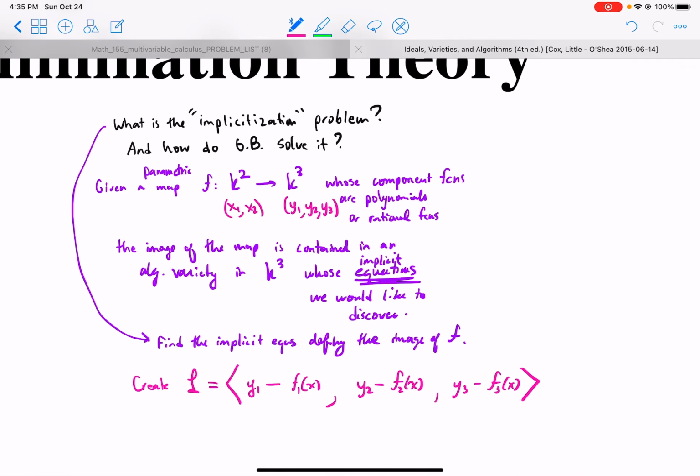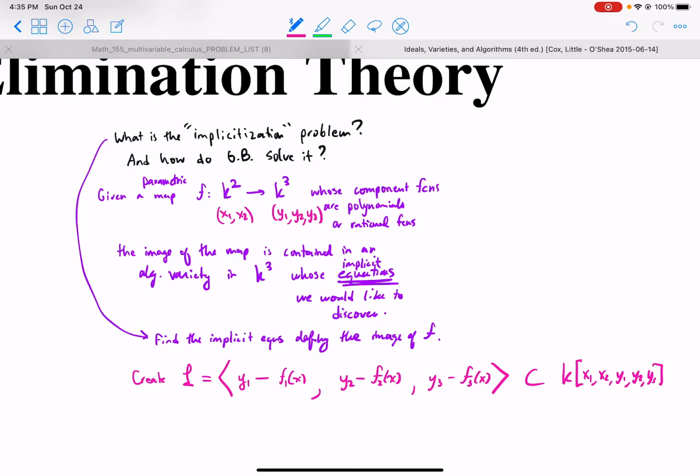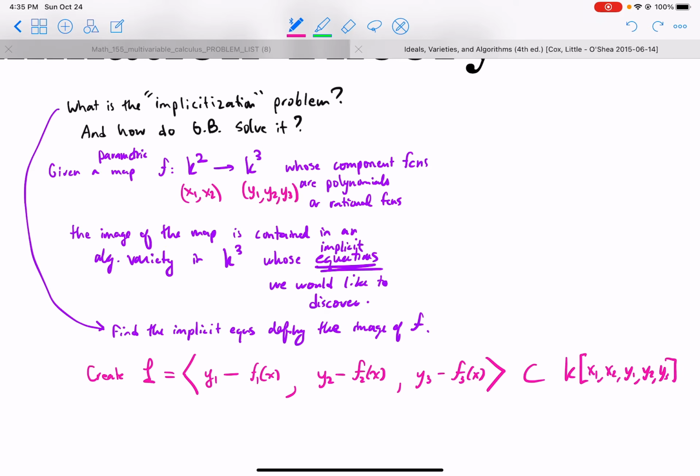And this is an ideal in the ring x1, x2, y1, y2, y3. This is really the ideal defining the graph of this map. Create I in this bigger ring, and then compute a lexicographic Gröbner basis for I with the order.